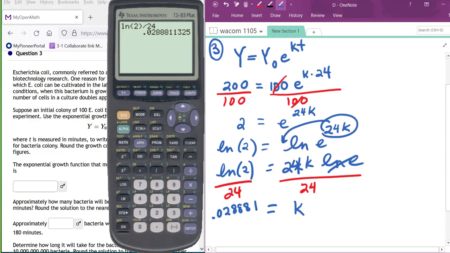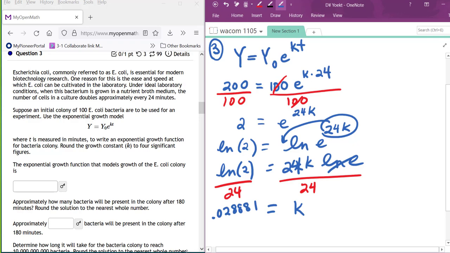And we'll go ahead and go with the 4 significant figures. I think that is actually what they said. Yes, find the k to the 4 significant figures. So you don't count the 0, so 1, 2, 3, 4. When you look to the right, the 1 is not going to count. So we will use 0.02888 for k.